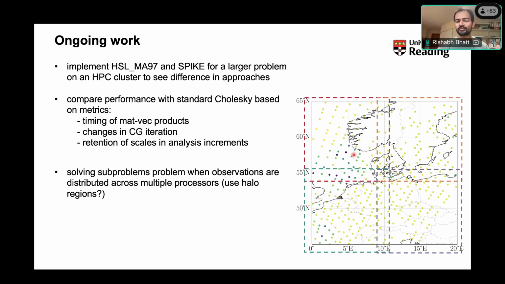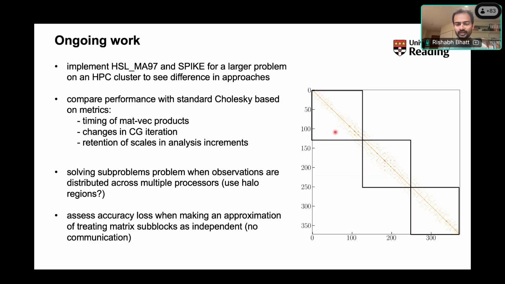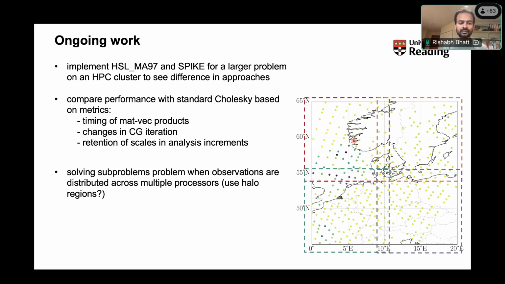So you assign some observations to one processor, and then you compute your part of the R matrix and you solve it, and then you try to do the communication. If you don't want to do the communication, you would have to make approximations like these, where you just run them in parallel and you don't care about the entries here. That is something which we are looking at next. This is part of our ongoing work.